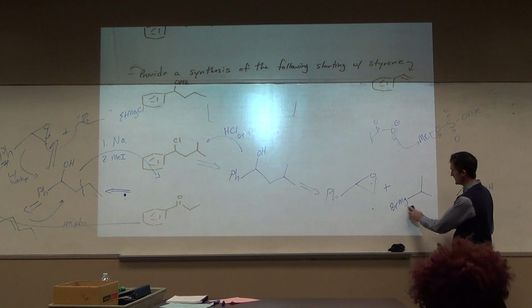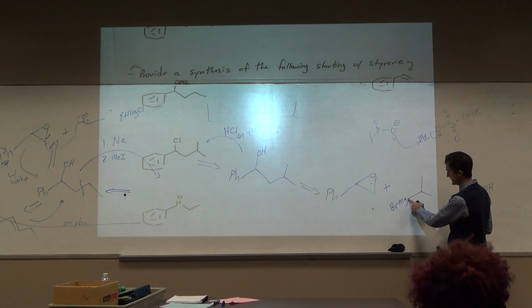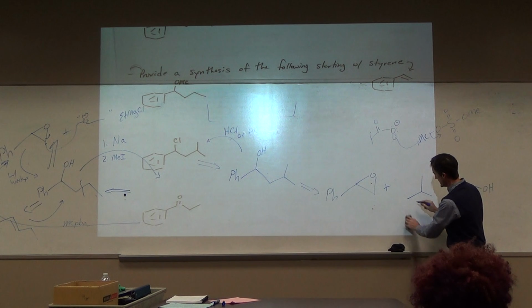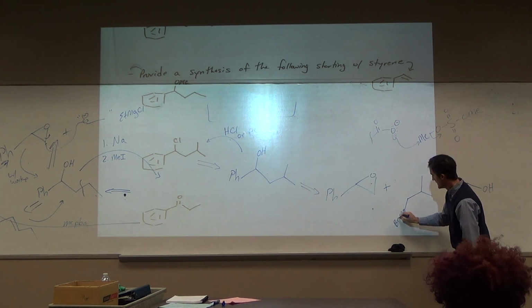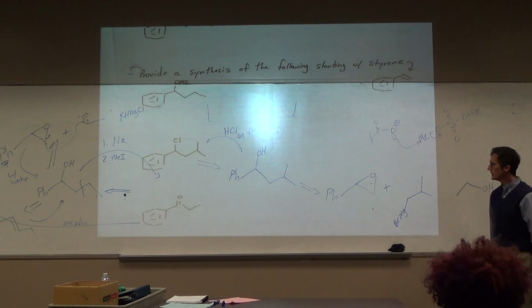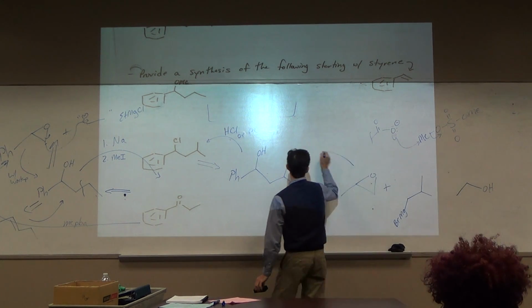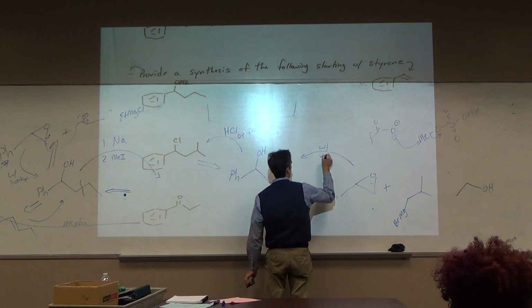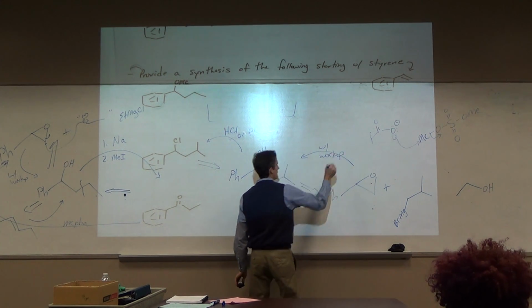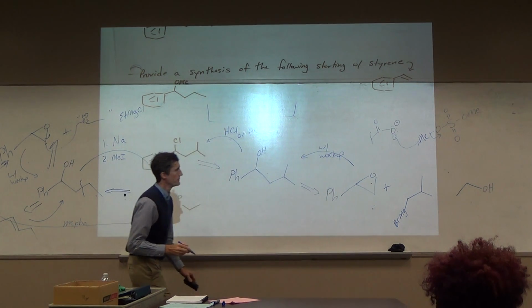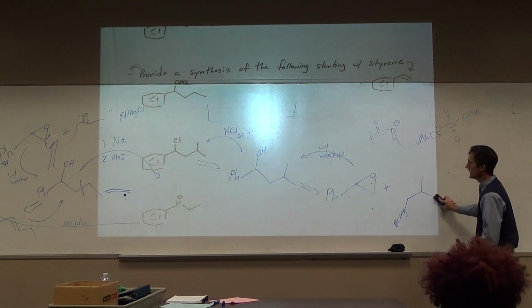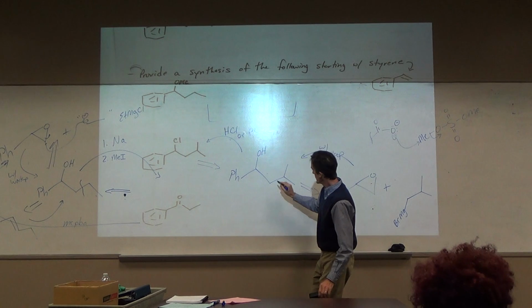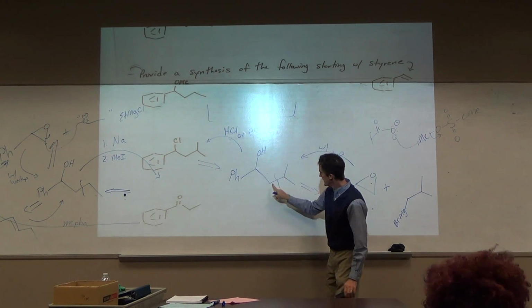No, missing a carbon. See, when I connected that, the carbon disappeared. Nope, I'm wrong again. I don't need an extra carbon. What do I need to make here? I need to make that bond.